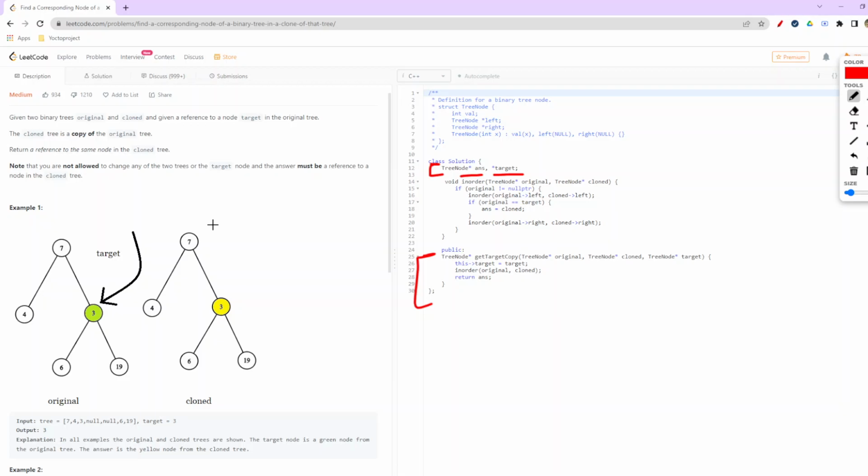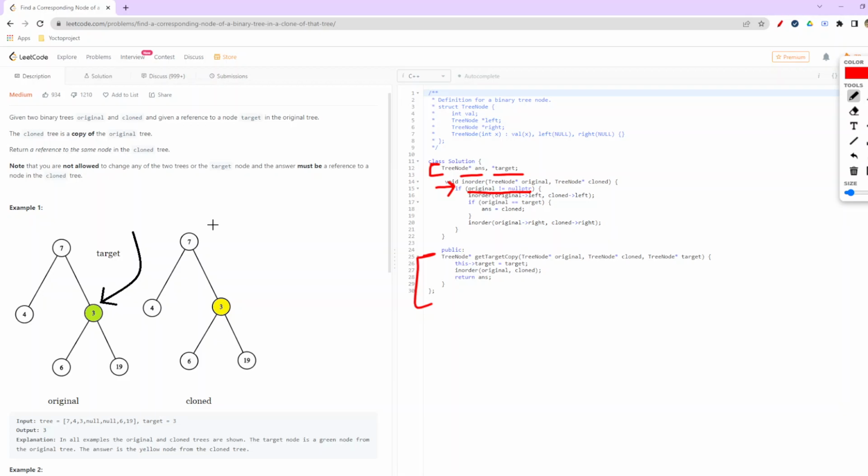Now in order, we are passing this original and cloned. So while passing this, if our original exists, then we'll simply do the in-order traversal while passing original's left and clone's left, because I have told that both of the trees are required to be traversed at the same time.